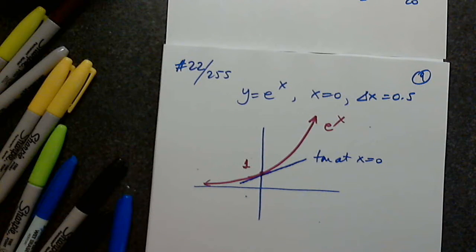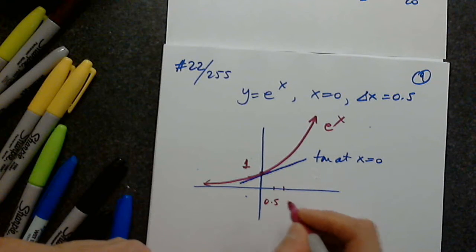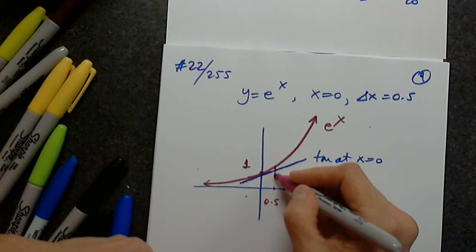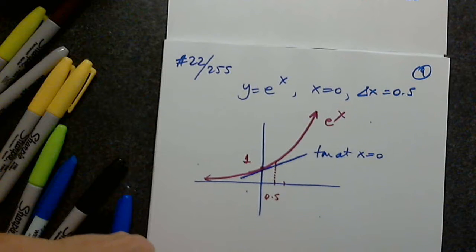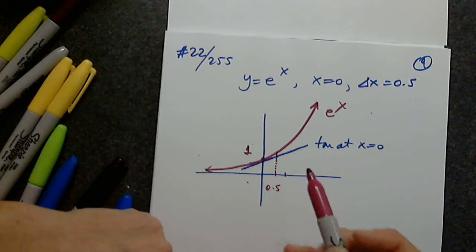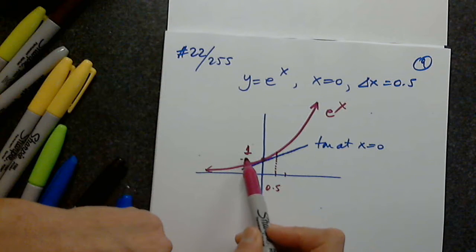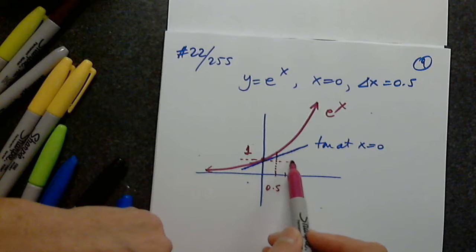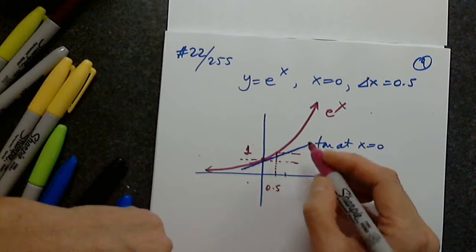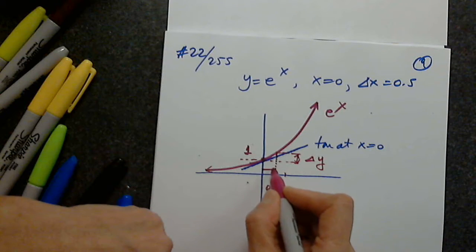I have to picture delta x. So if this is 1, this will be 0.5. I should have used a bigger unit. It's going to be difficult to see. Let me know if I need to redraw. So this is the delta y.